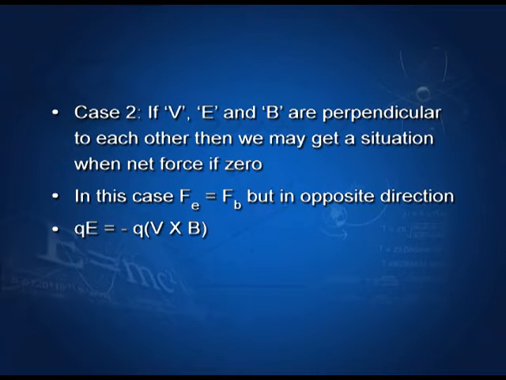Substituting the values of the electric force and the magnetic force, we get Q into E equals minus Q into V cross B. Here the minus sign represents the opposite direction of the magnetic force. As Q is common, cancelling from both sides, we get electric field E equals minus V cross B. That means electric field E equals B cross V.